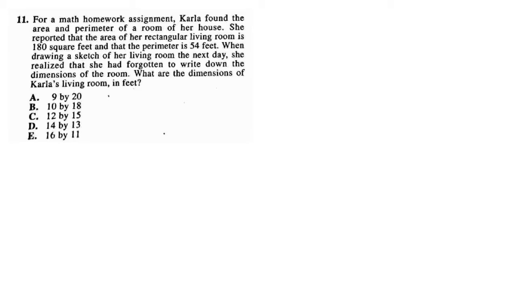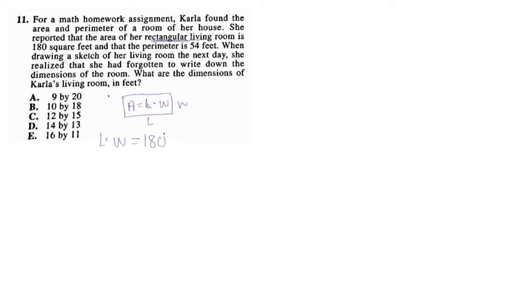So her rectangular living room, well, if we draw a rectangle, and let's think about this, the area is going to be her length times her width. So we have the length and the width of the living room. And we know the length times the width is equal to 180.